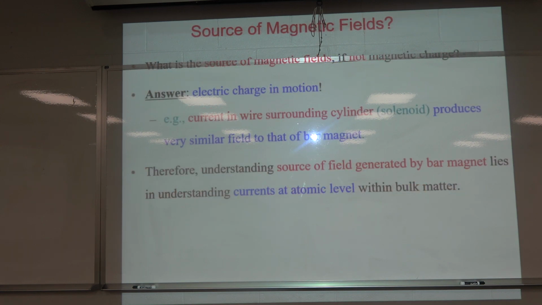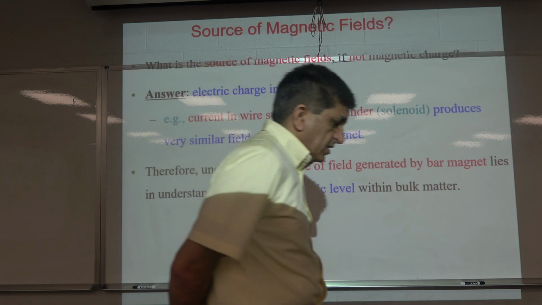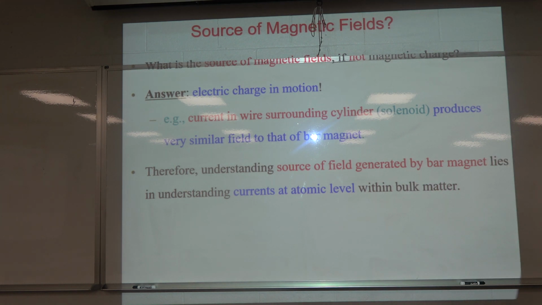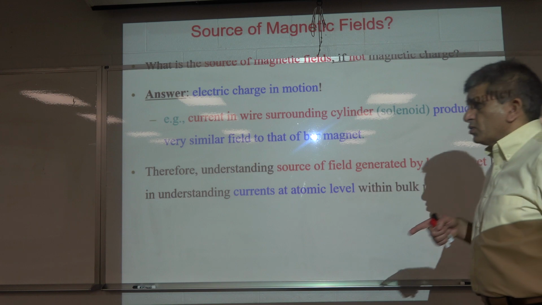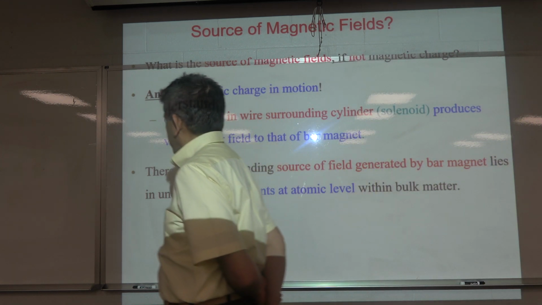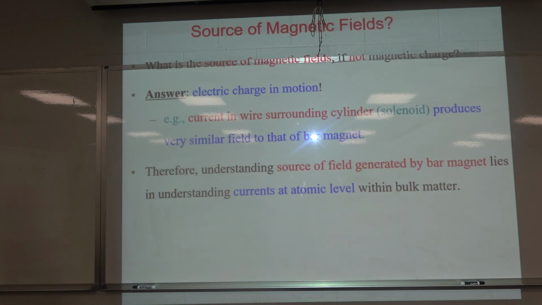Now the question is, what is the source of the magnetic field if not magnetic charge? It means something is different. What is that? When you put electric charge in motion, which means a current through a current-carrying wire, that will produce the effect of a bar magnet.